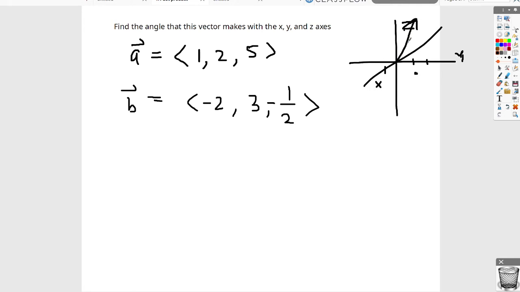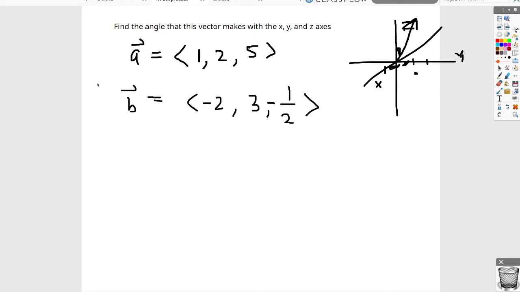What we want is to find the angle that this makes with the x-axis, the angle that it makes with the y-axis, and the angle that it makes with the z-axis. It's a little bit tough, but the actual way to find it is something called a direction cosine.